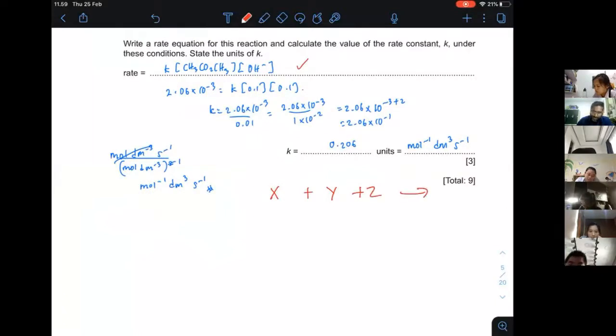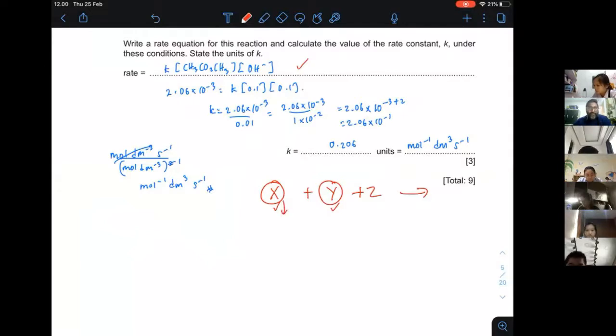Both X and Y are involved in the rate equation, for example, both involved in the slow step. So both of them are going to change accordingly. How do I focus on identifying the changes involving X only?